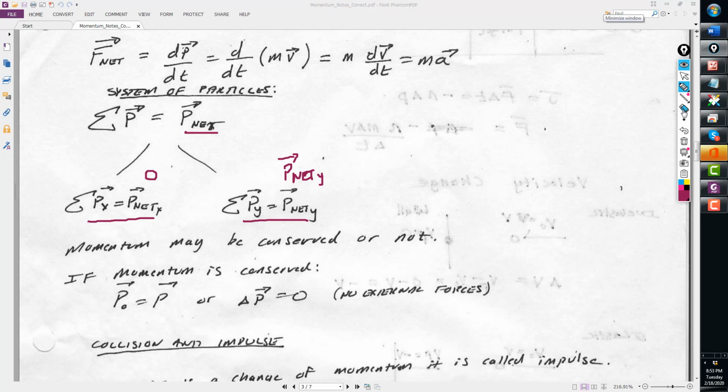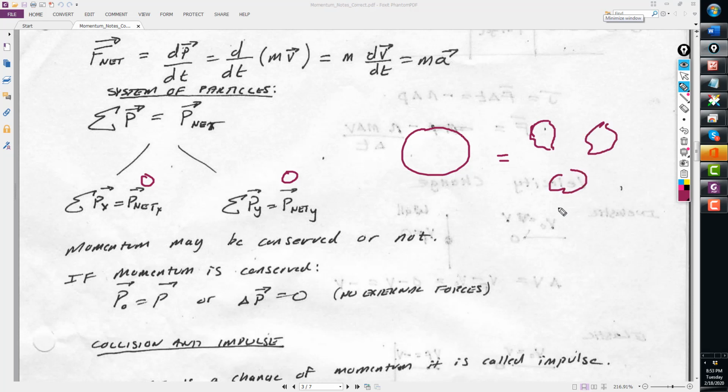A famous problem that people talk about with zero and zero momentum is the concept of the plate dropping on the floor. If you have a plate in the air and it drops down the z-axis and then it hits the floor, right? And it breaks off into these pieces and the pieces go in all these different directions. What happens is your net momentum is zero in the x and the y, and then they go off in different directions when they hit the floor.